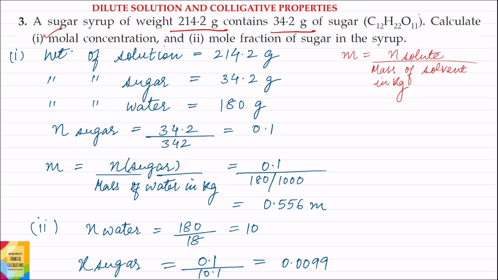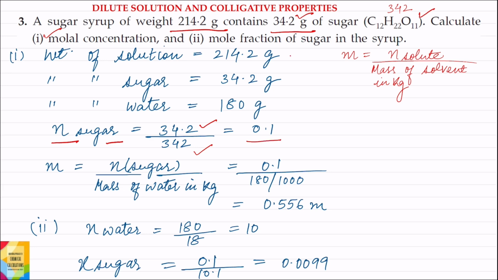So molecular weight of solute, that is sugar, is 342 grams per mole, and weight of solute is given as 34.2 grams. So moles of sugar will be 34.2 divided by 342, which is equal to 0.1 moles.